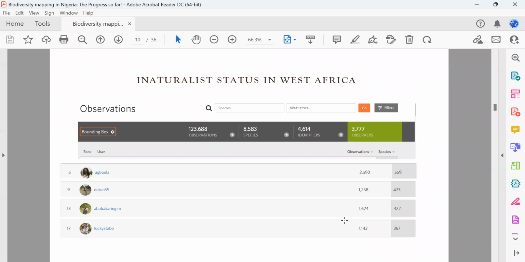And interestingly, about 4 of us from Nigeria are making good attempts to do some biomapping activities on iNaturalist.